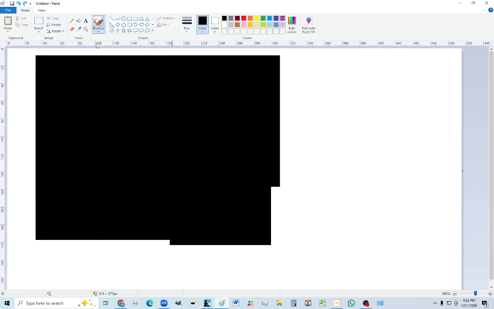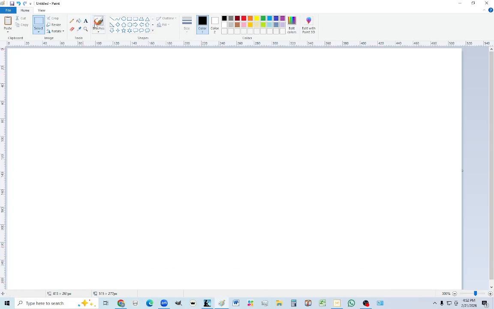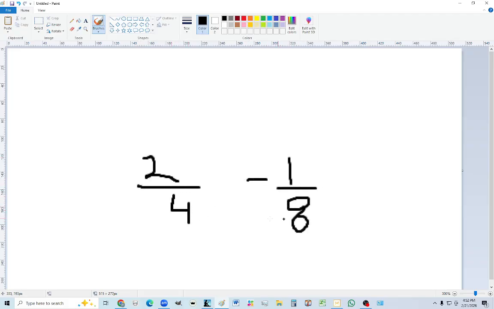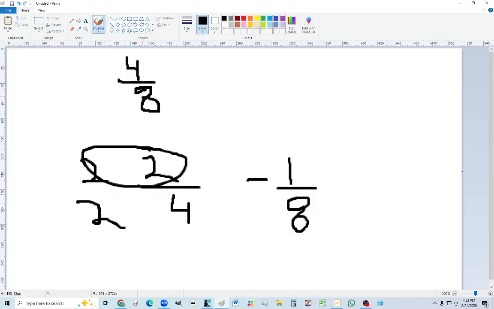For instance, the reason that's true is, well, 2 over 4, I'm going to subtract 1 over 8. I have to make this 4 over 8 because I can only subtract when these match. So I have to multiply top and bottom by 2. 2 times 2 is 4. 2 times 4 is 8. So I get 4 over 8, which makes sense because 4 over 8 is a half. Minus 1 over 8. Before I actually just subtract them, it's really this.